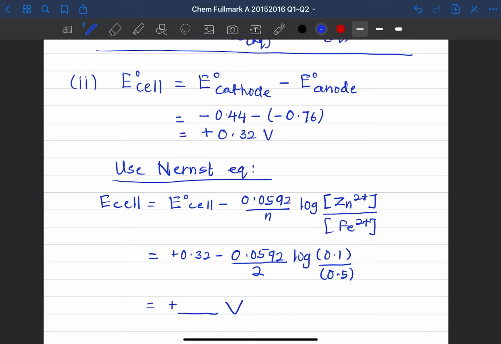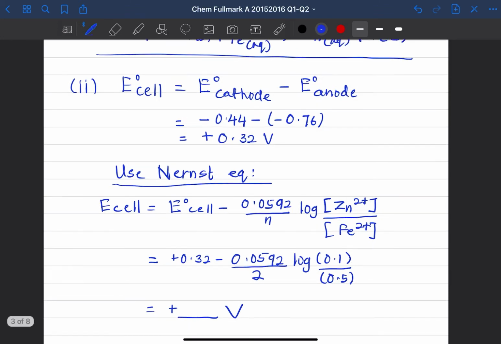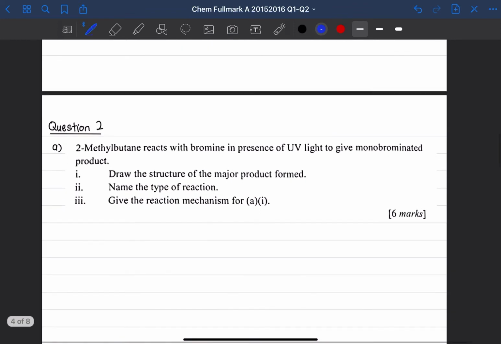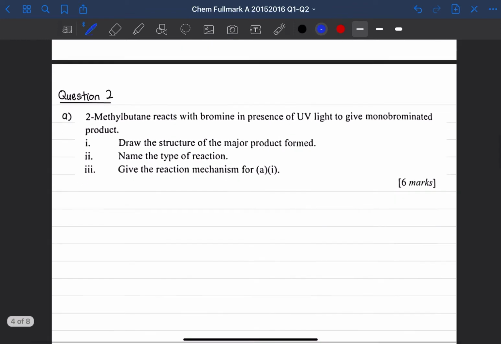Okay, class, we have finished discussing question 1 from chapter 8 and question 2 from chapter 10. Both are physical chemistry. Now we are going to enter question number 2, the organic chemistry. We have 2-methylbutane reacting with bromine in the presence of UV light to give a monobrominated product, that means one bromine.